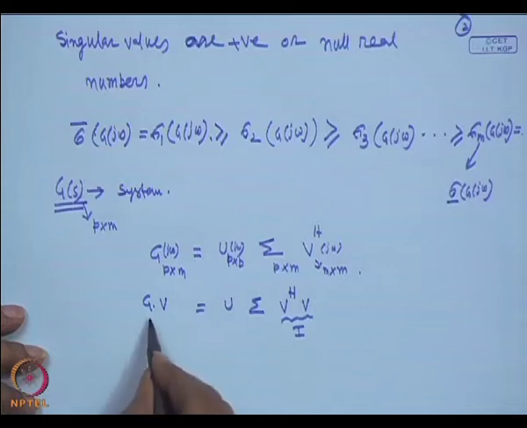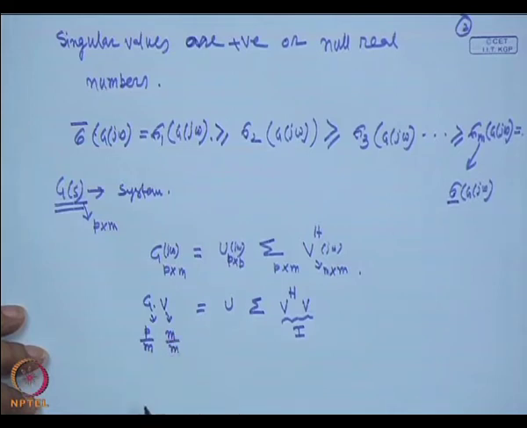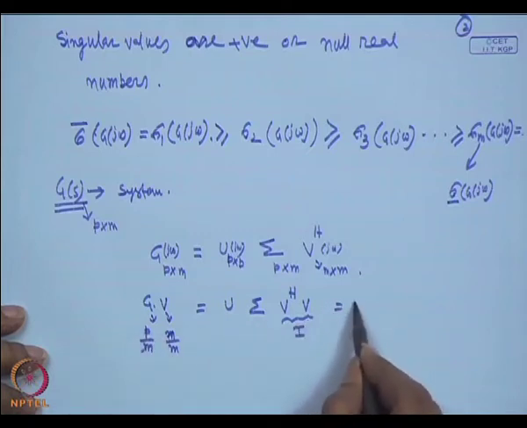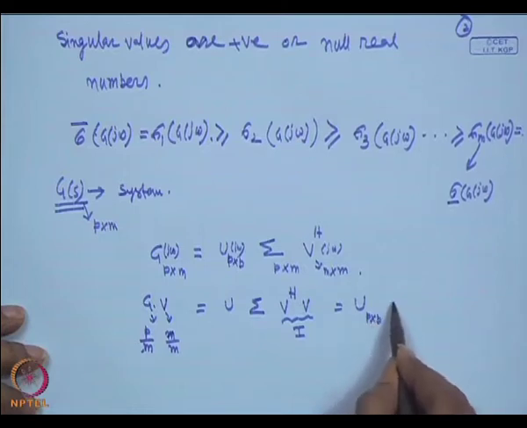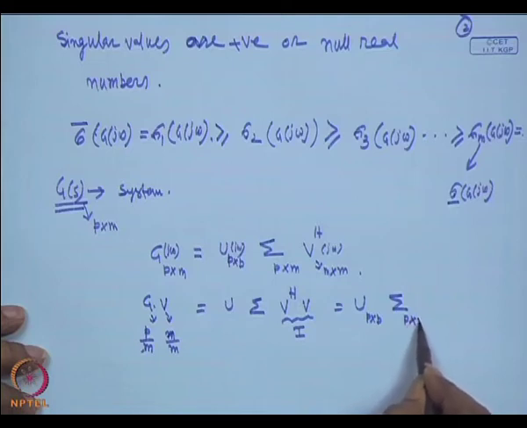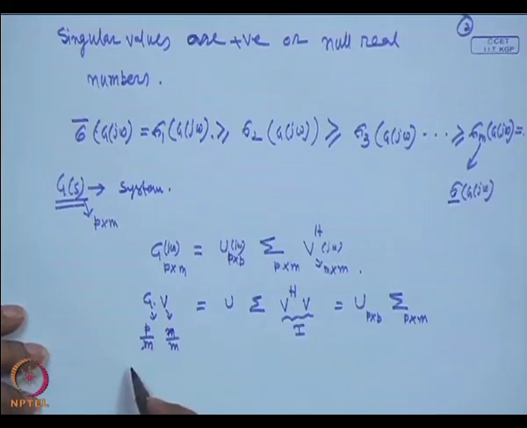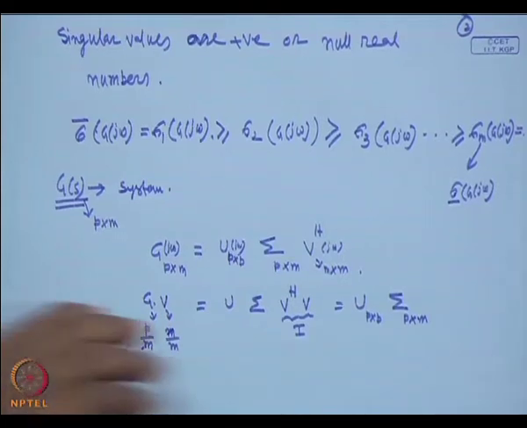So, this dimension is P cross M and this dimension is M cross M. Agree? Now, this is the dimension of this. What is this? I can write it as U, whose dimension is P cross P, and sigma, whose dimension is P cross M. So, what can we write in detail form? We can write it in the next.